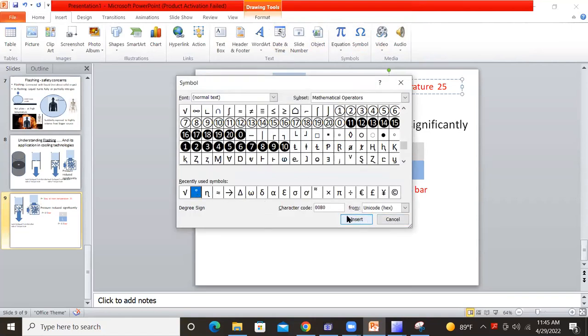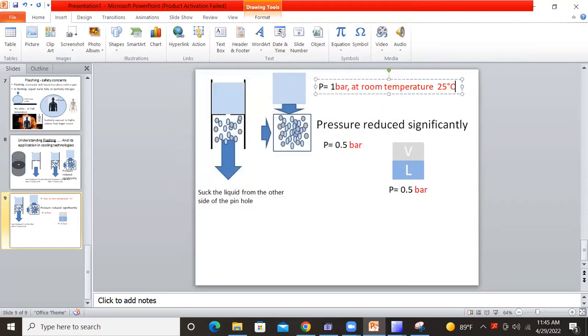Somehow you have to understand what I'm telling. Because this is only liquid, if both liquid and vapor, it's a different story. Okay, this is only liquid.